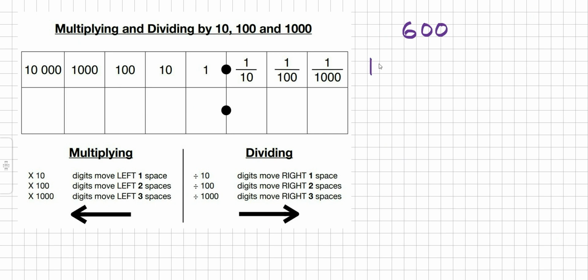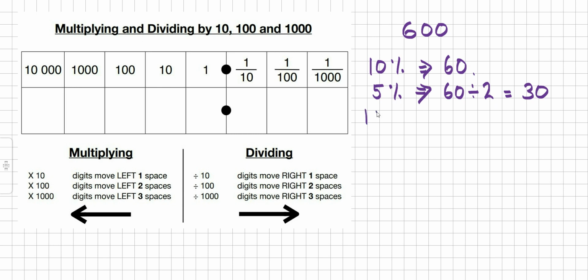And so we know that 10% is going to equal 60. So from that, we should be able to find 5%, because that's just going to be 60 divided by 2, which is going to give us 30. So if 10% is 60, 5% would be 30.